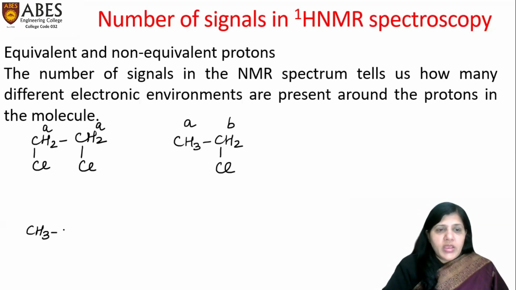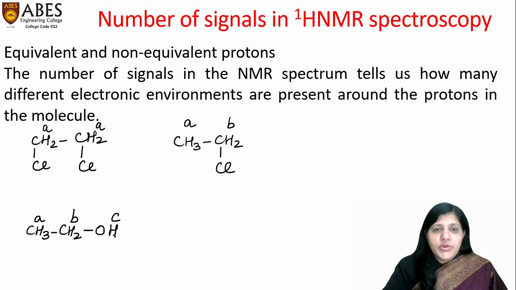Similarly, in this molecule, that is ethanol, we have three sets of protons, which are marked by A, B, C to differentiate them, because all three sets of protons are different due to the difference in the electronic environment around these protons. All these sets of protons are different from each other due to different electronic environment.